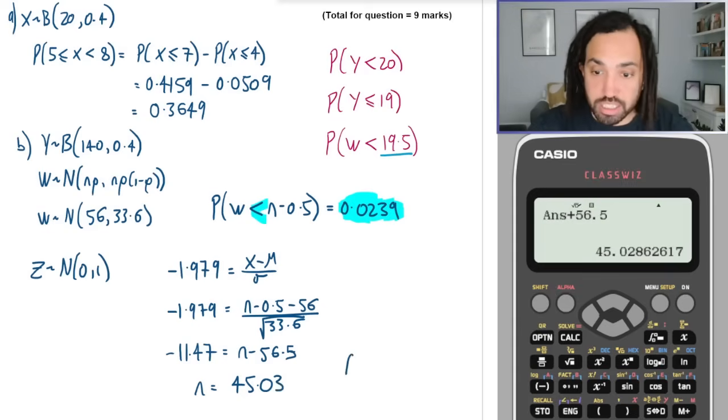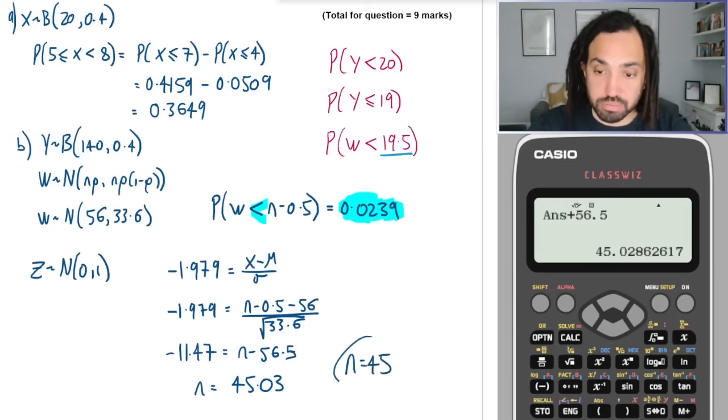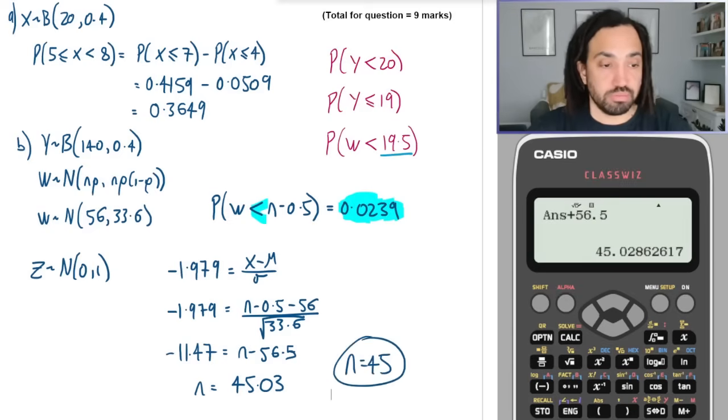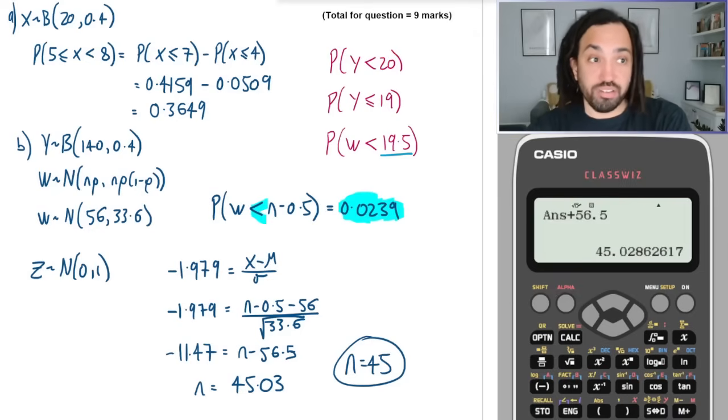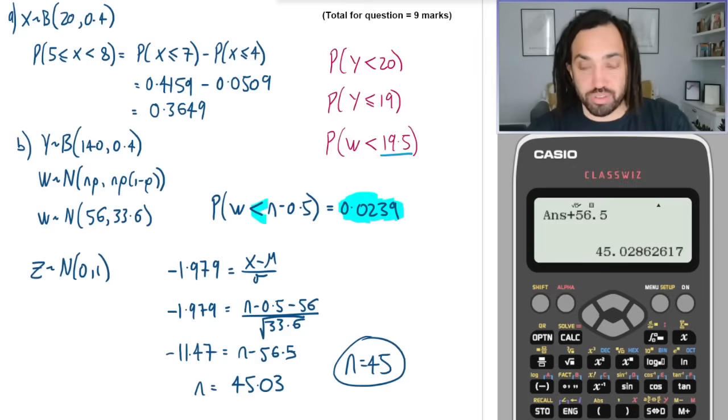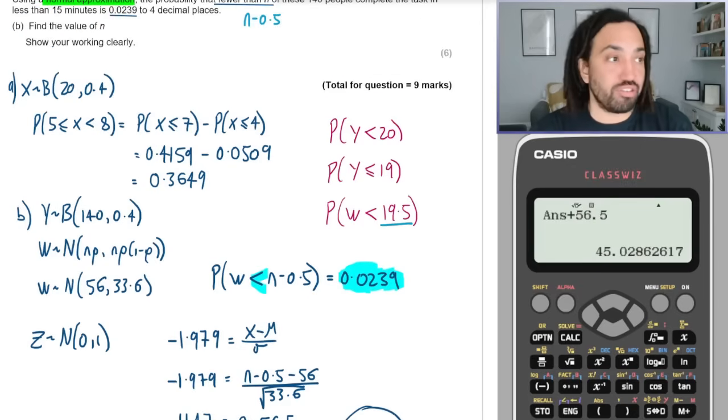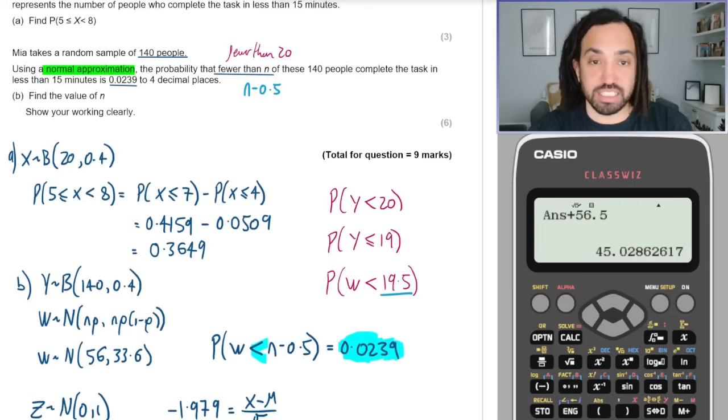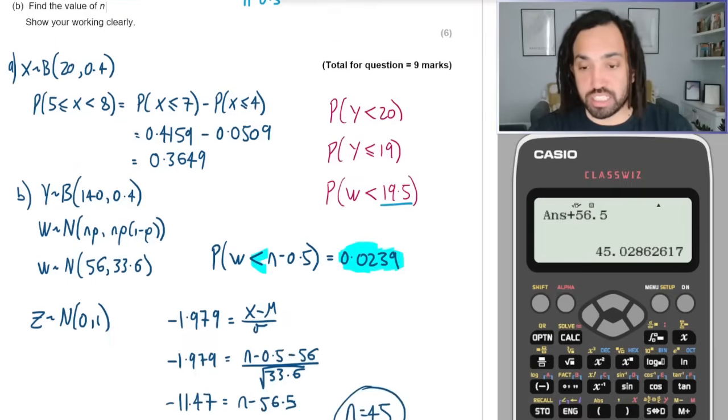So the answer is n is equal to 45. Bosh. Just to confirm, the answer is 45. It's just a rounding error as to why it's not exactly 45. Because remember, they give us the probability to 4 decimal places, so it's not actually going to be bang on the actual value. But yes, the answer is 45.